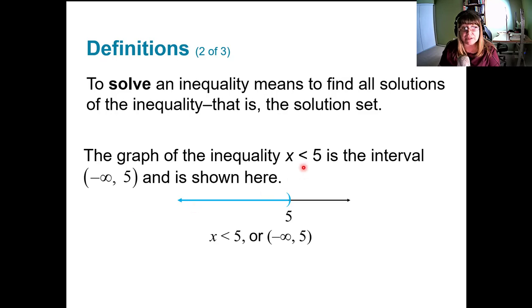But because there is no equal to, we put a parenthesis around the 5 because we are not including it. One way of showing it is graphically, where we have the parenthesis on the 5 and everything less than 5. Another way is interval notation: parenthesis, negative infinity, 5, parenthesis.